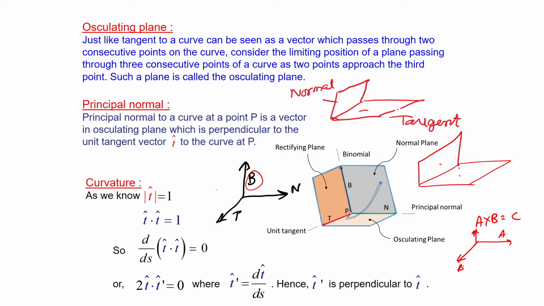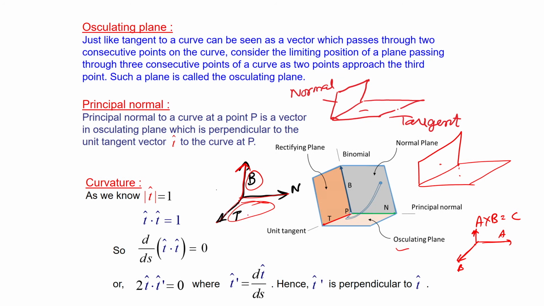So, same way here, instead of just two vectors, here there are planes, one is the tangent plane and the normal plane, and perpendicular to that there will be a binormal plane. And opposite to the binormal plane, a mirror image plane will exist, and that plane is known as the osculating plane.